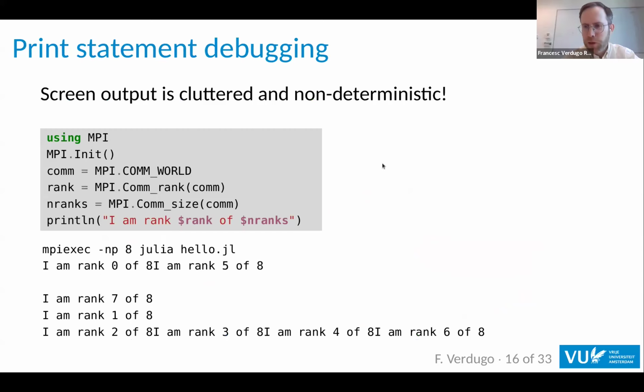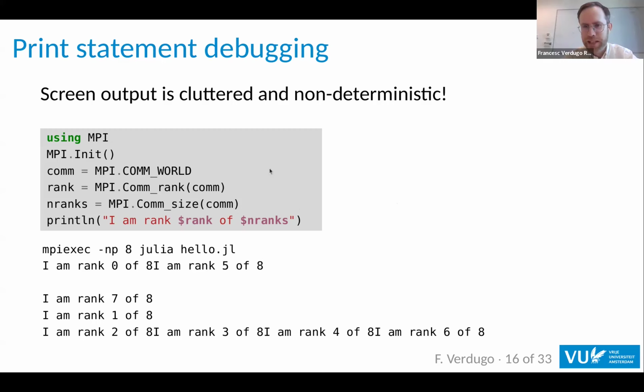Now, when it comes to debugging tools, let's start with the simplest one, print statement debugging. If you try to use print statement debugging with MPI, it's not that good actually, because the screen output is very cluttered and non-deterministic, because you have several ranks trying to write to the same standard output, and this can cause race conditions. So this kind of output.